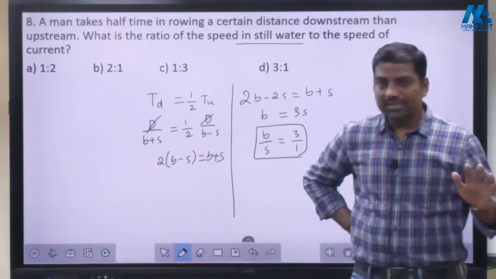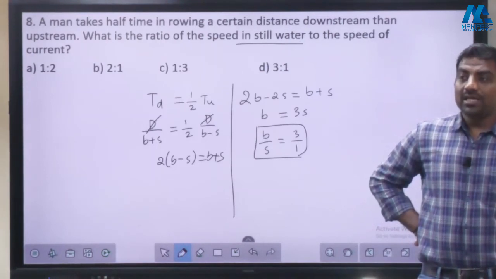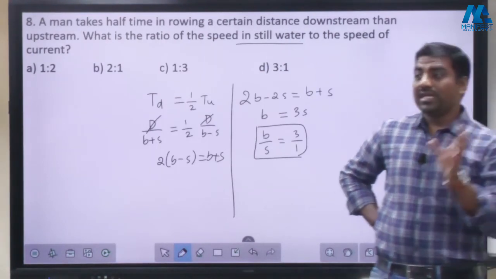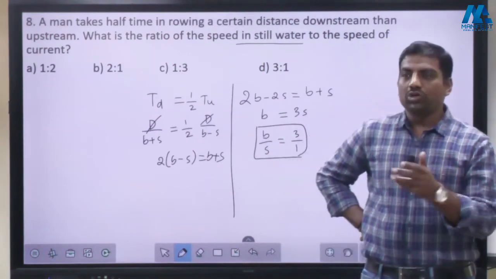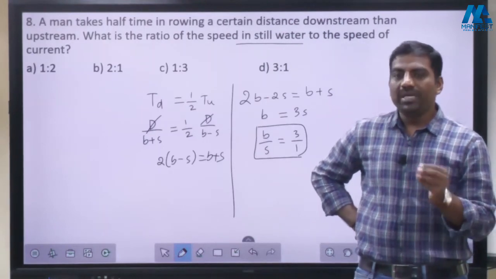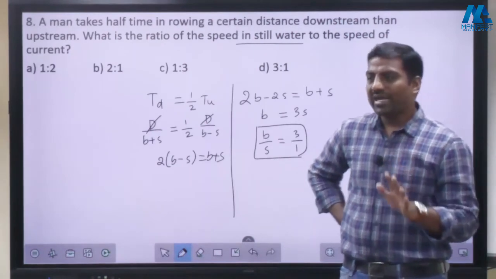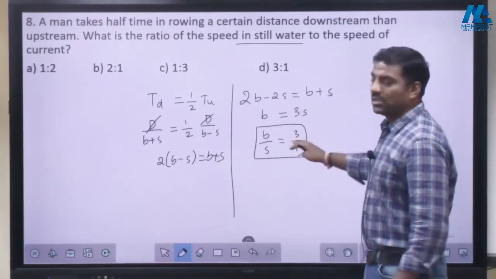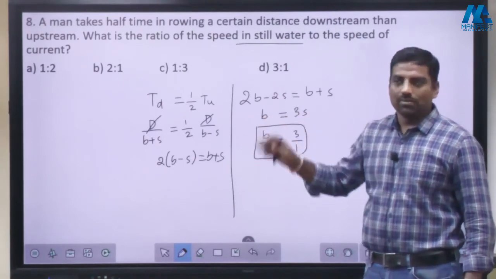Understood? Or the speed downstream is double the speed upstream. Same thing: B plus S is equal to 2 times B minus S. Then also you will get the ratio of B to S as 3:1. So remember this as a fact. You don't have to solve this in the examination when such a question comes.